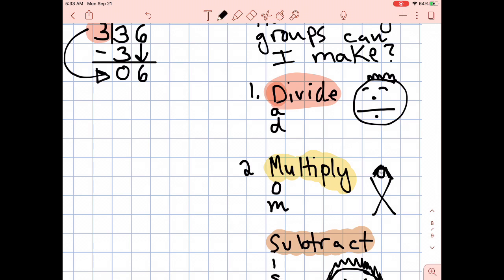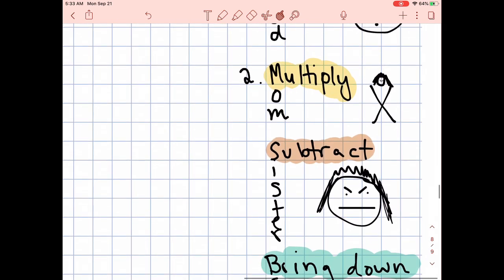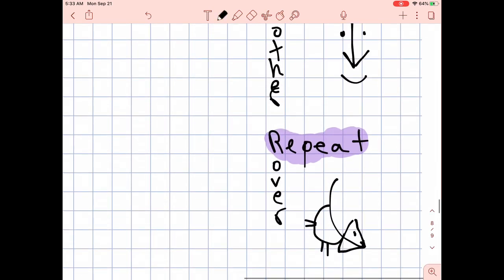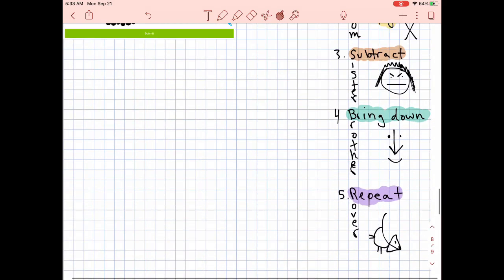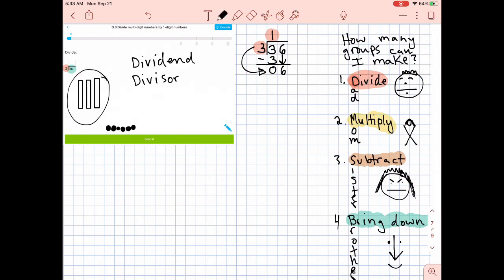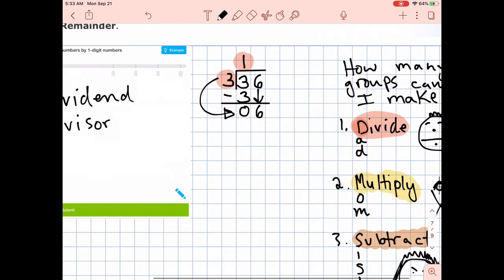Number 2, multiply. Number 3, subtract. Number 4, bring down. And the last step, it's really not a new step. It's just repeating that whole process over again. So we're going to use these steps to do this next part of the problem together as well.